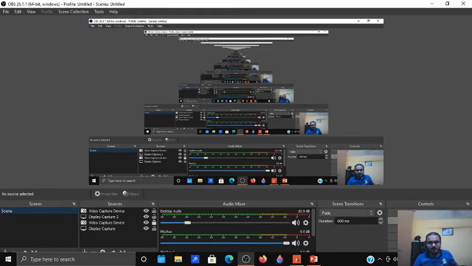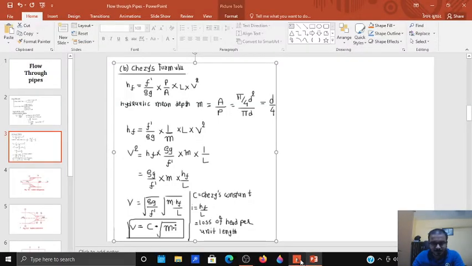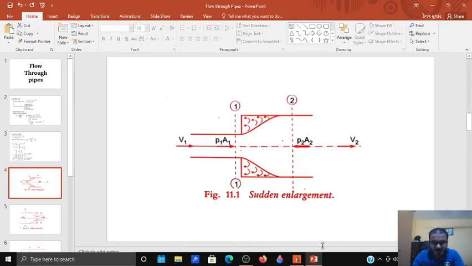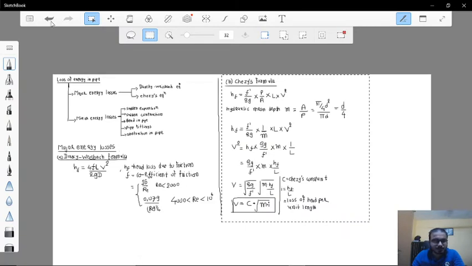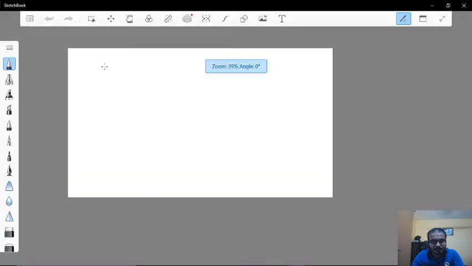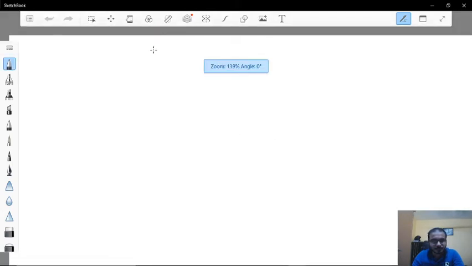Our next theory is about minor energy losses. So our first loss is due to sudden enlargement. Loss of head due to sudden enlargement.